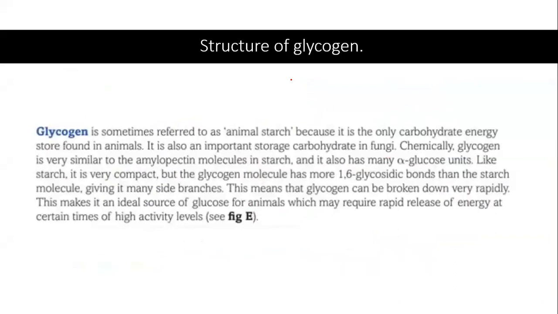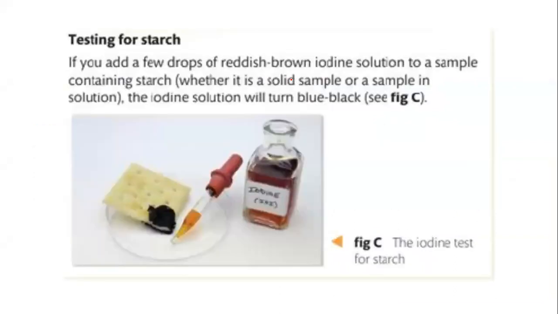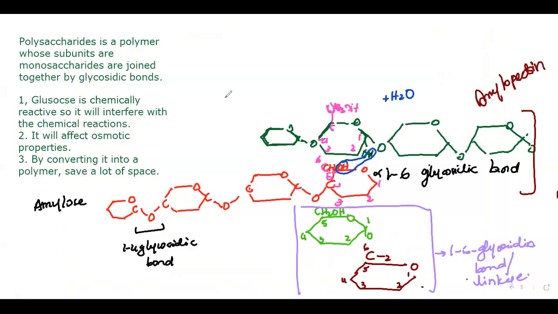The test that we have for starch is that we use iodine solution, right? For the test for starch, we use iodine solution, and the starch is going to bind with the iodine to give us a blue-black color. So this is the structure of starch and the structure of glycogen. They both have a similar structure except for the differences I just told you.